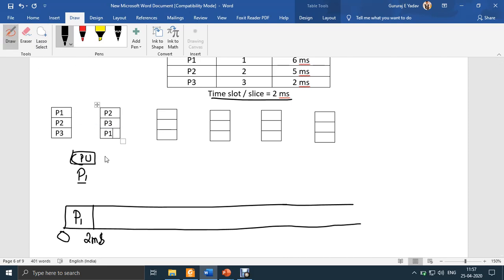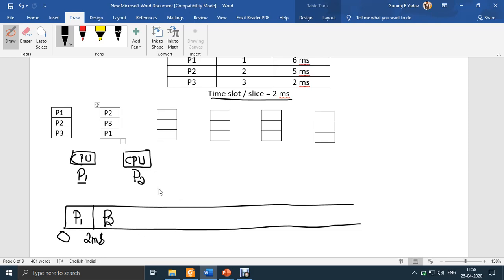Now at 2 milliseconds, who will get the CPU? Again, whoever is at the top of the queue. Who is at the top of the queue now? P2, because you rearranged the queue. So at time 2 milliseconds, P2 will be scheduled to execute.